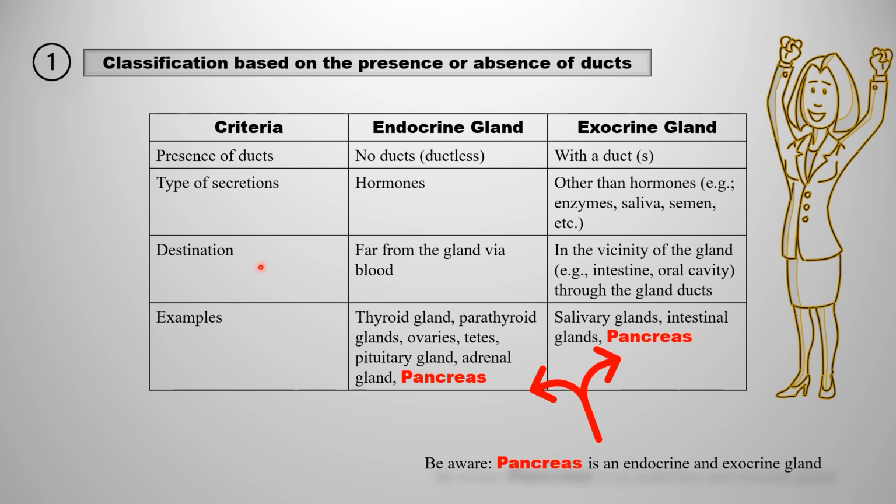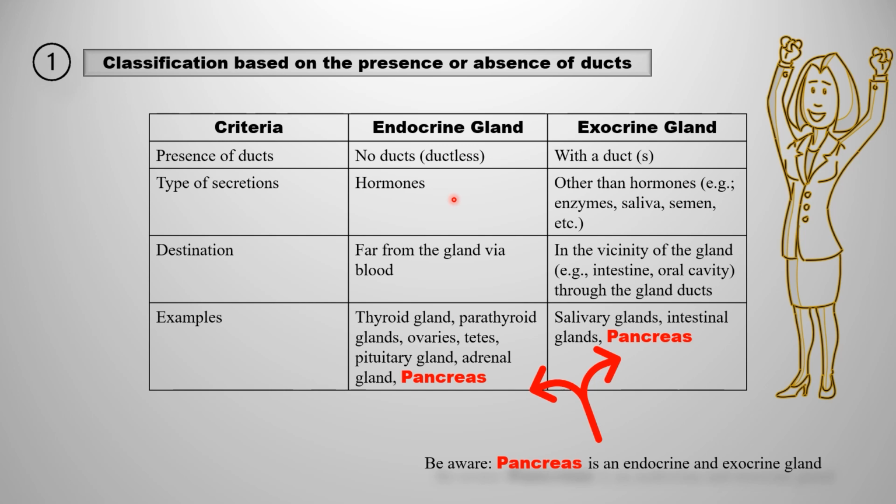Destination, by which we mean where their chemical acts. So the destination is far from the glands, via blood. The endocrine glands secrete their hormones into the blood, and they act on a target tissue away from the gland itself. It is not nearby or in the vicinity of the gland.